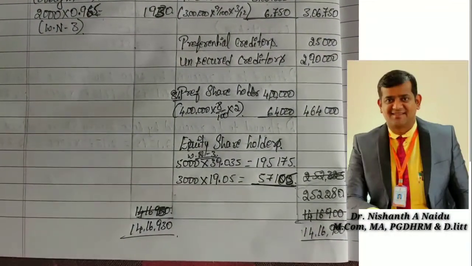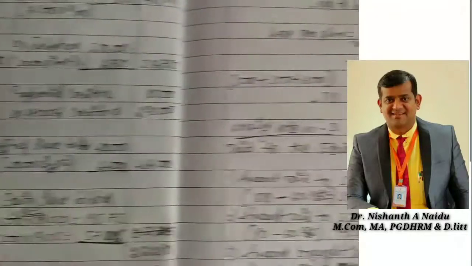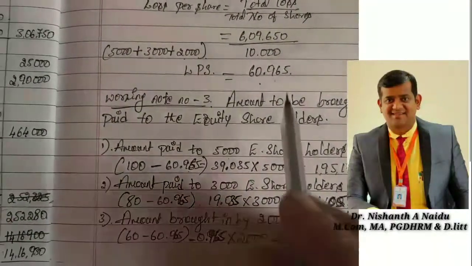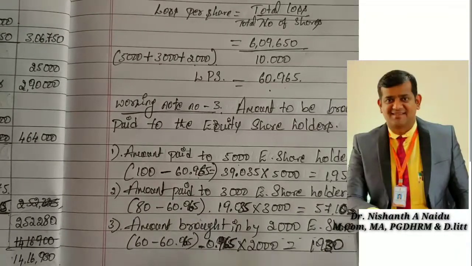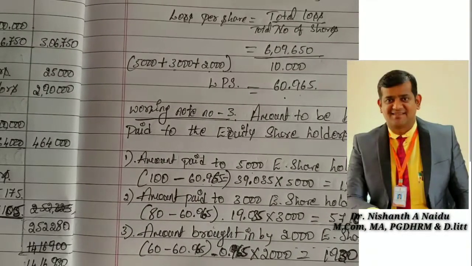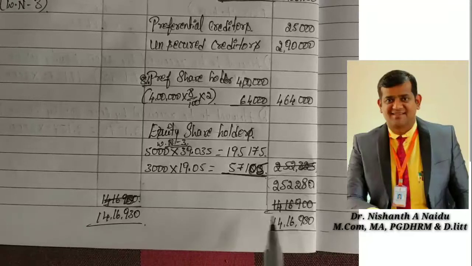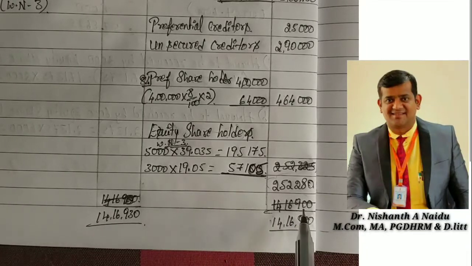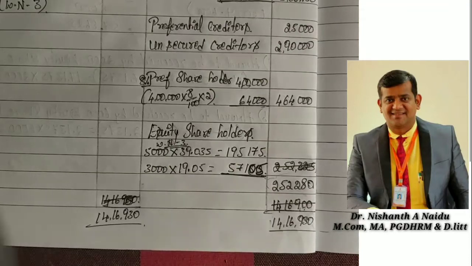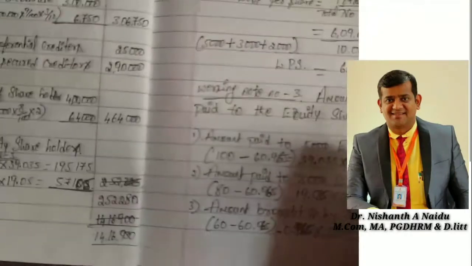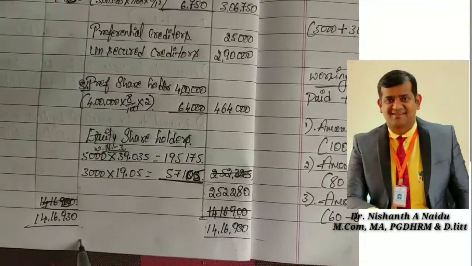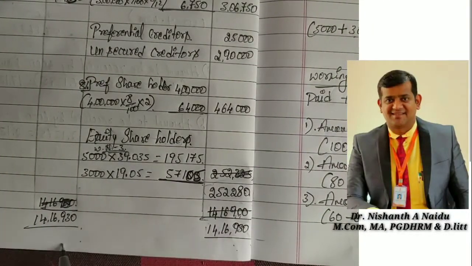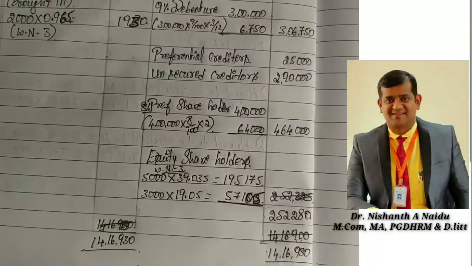See, a small variation changed the answer: instead of 0.965, I took only 0.95, so the entire answer got changed. Why did I get the doubt at the end? Because both sides must tally. Here I was getting 75 rupees extra when I calculated, so I rechecked. I had ignored the 6, so I have added it now. Now I got the total on both sides, 14,16,930.